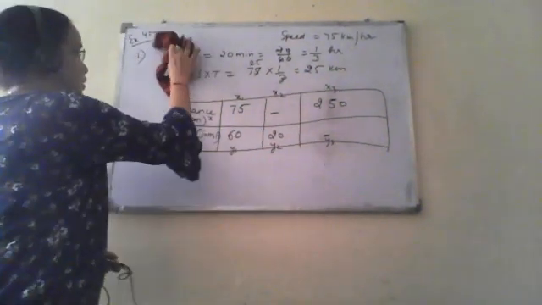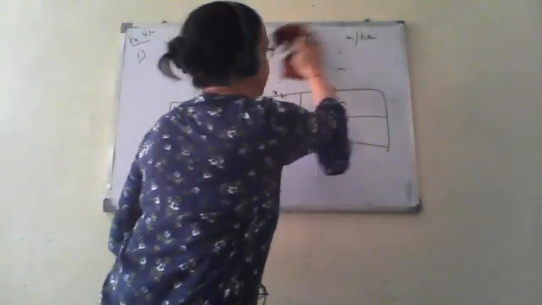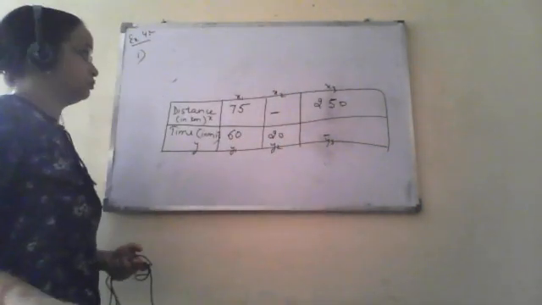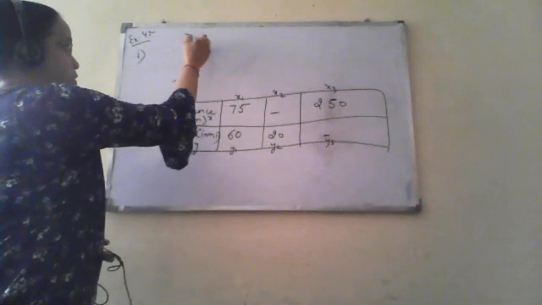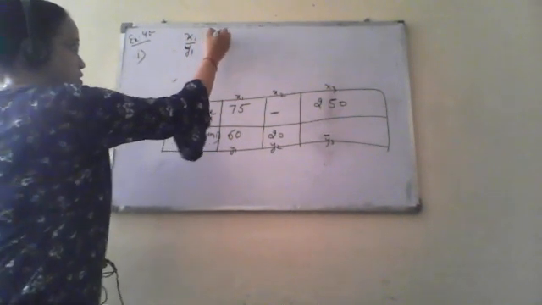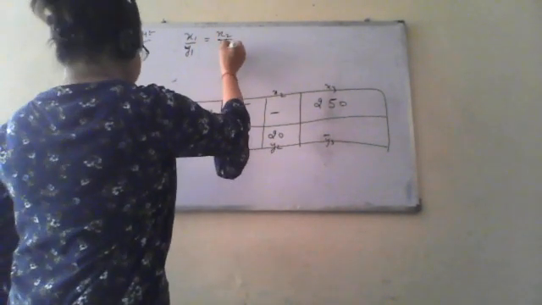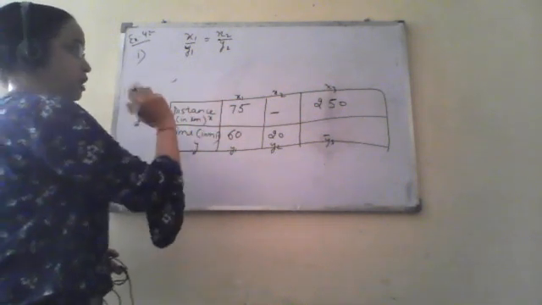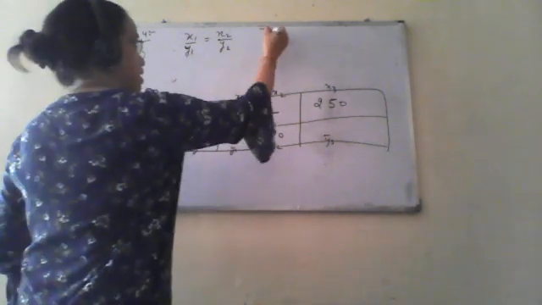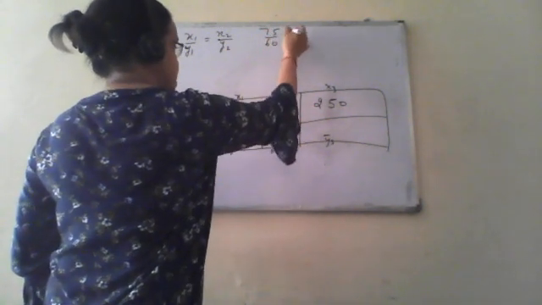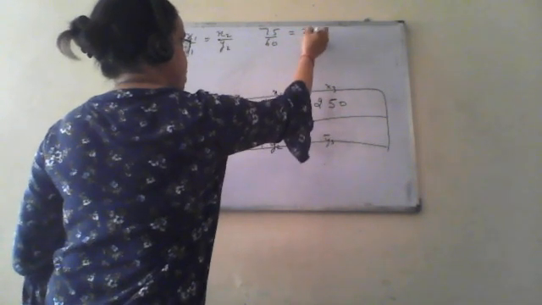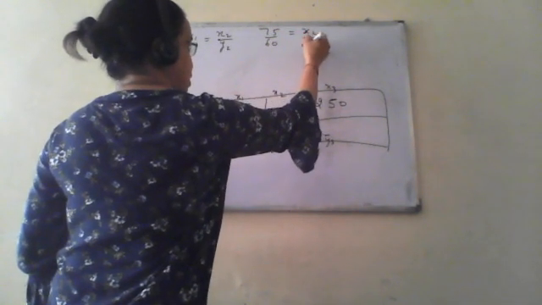I am rubbing this out. What I told is that x1 upon y1 will always be equal to x2 upon y2. x1 upon y1 is 75 upon 60. This is equal to x2 upon 20.